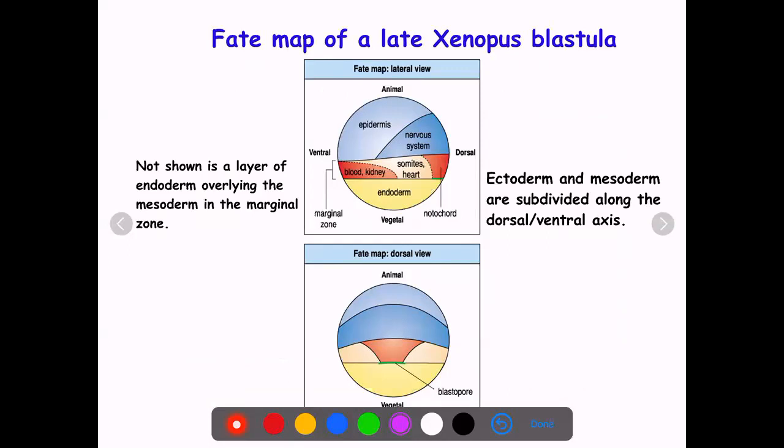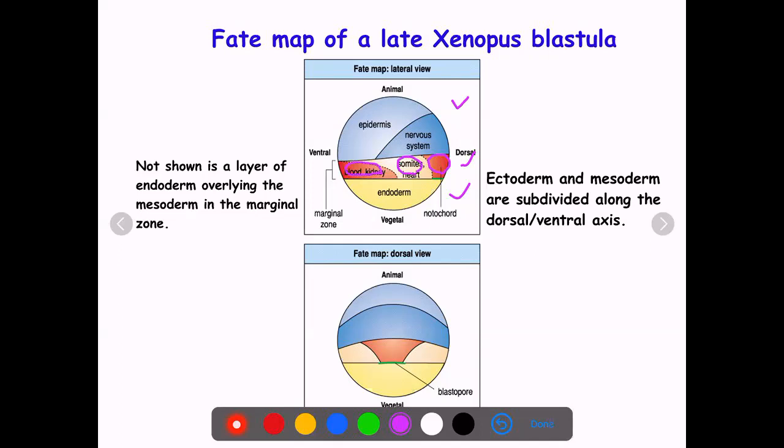Not only is there formation of the three germ layers, but the mesoderm forms a pattern from dorsal to ventral. In dorsal, they form notochord, which is the Spemann organizer, and then somites, and mesenchyme forms on the ventral side.